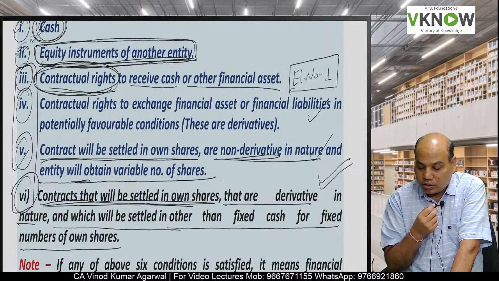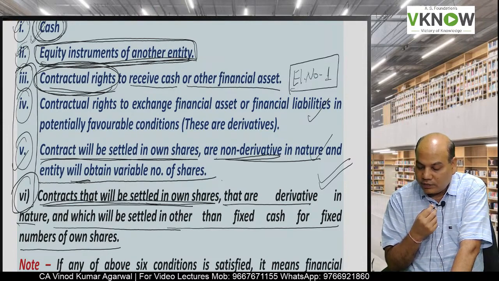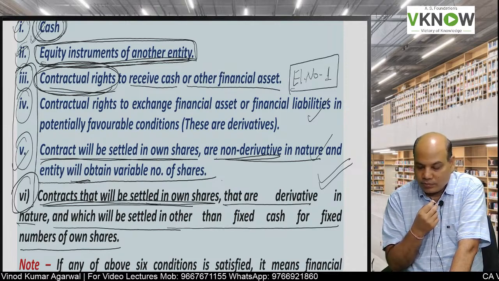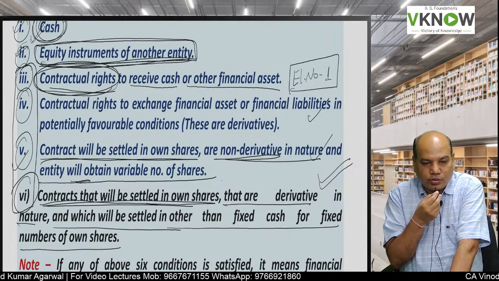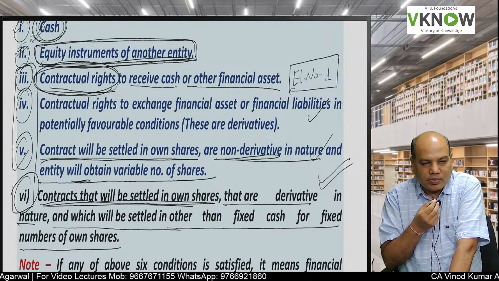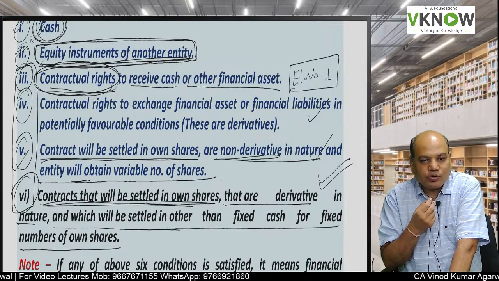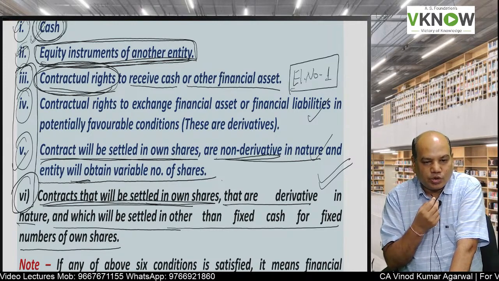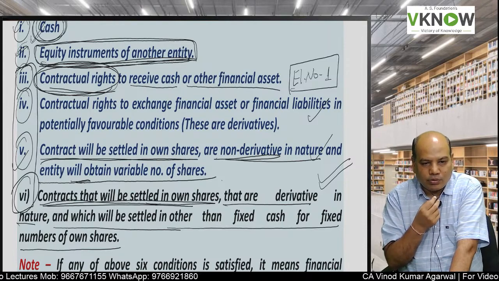And a contract which can be settled in own share is non-derivative in nature and a variable number of shares will be obtained. So for example, some loan is given to another party and it will be settled by giving back to you your own share, but the number of shares issued will be based on the market value of the share.